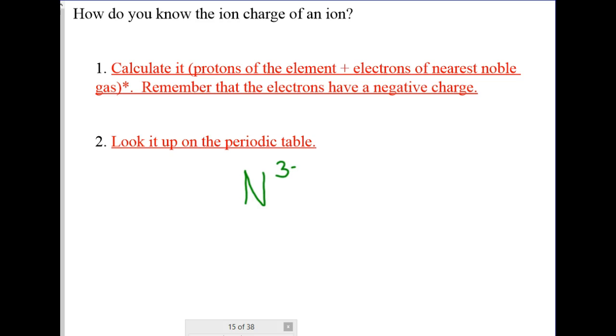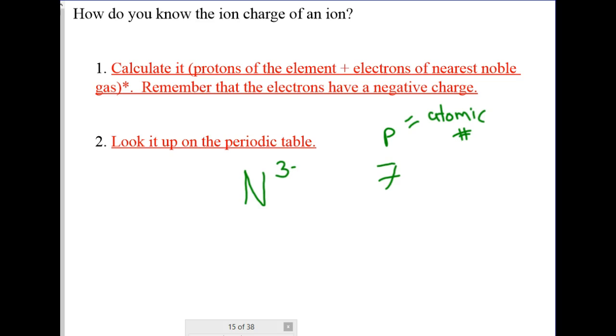Nitrogen has 7 protons. That is the atomic number. The number of protons always equals the atomic number. We can never change the number of protons something has. We change electrons, and we change neutrons.